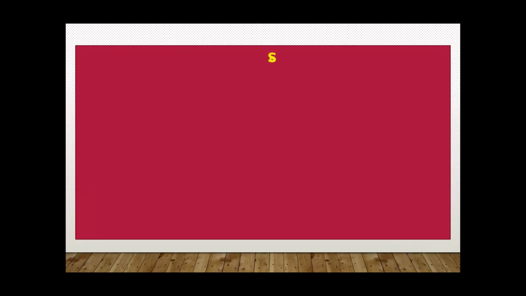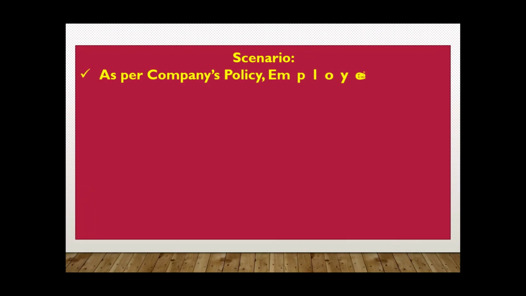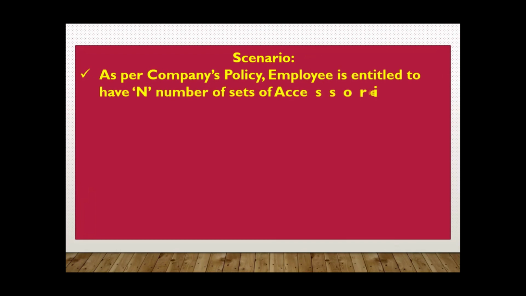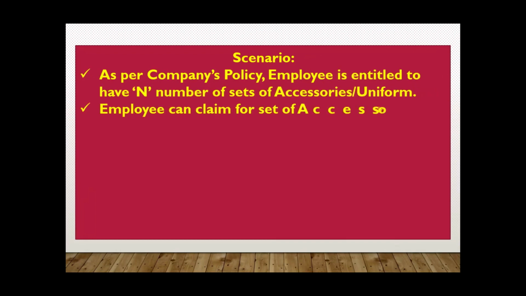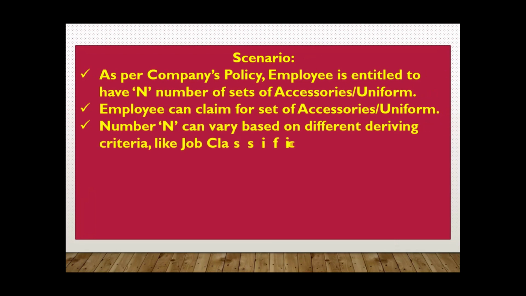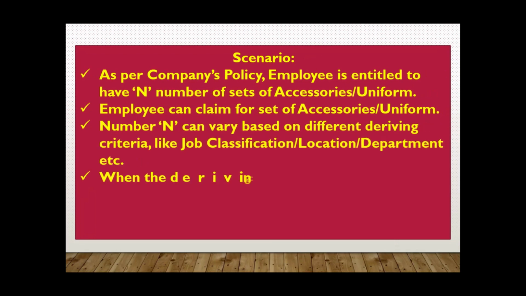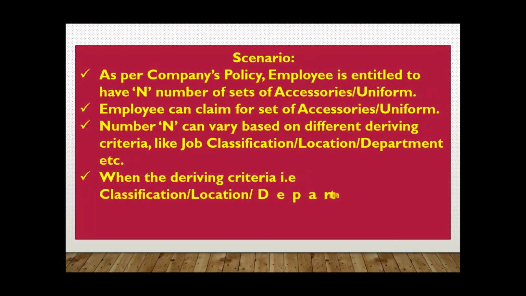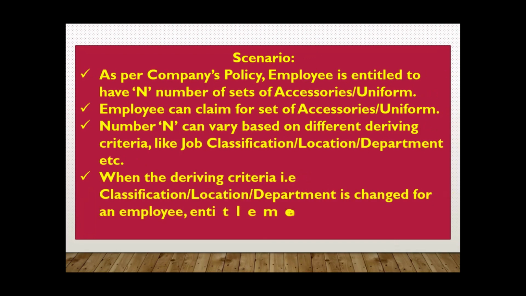As usual, to demo my topic, I picked up a scenario. As you see, the scenario is, as per company policy, an employee is entitled to have n number of sets of accessories or uniforms. For example, in the aviation industry, air hostesses and cabin crews are entitled to have some uniforms.